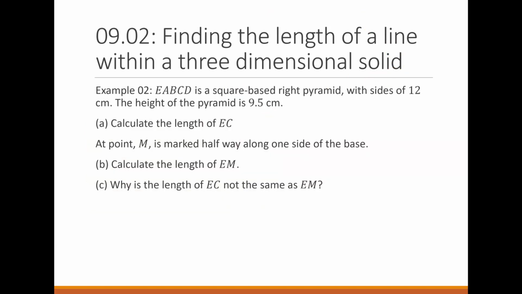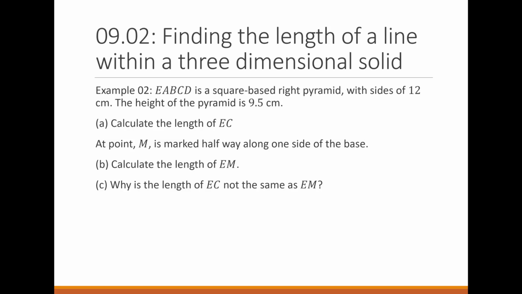All right, let's do another example. So here we have a square-based pyramid EABCD, where the sides of the base are 12 and the height of the pyramid is 9.5. We're going to calculate the length of EC.